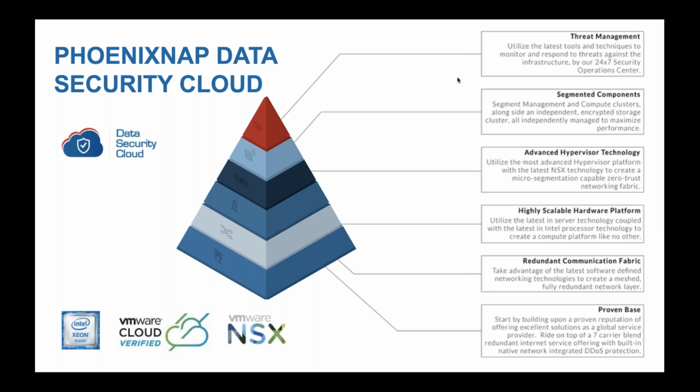All of that being rolled in and delivered as one package, one service that a customer can consume. And I think that there's truly nothing like it on the market today.